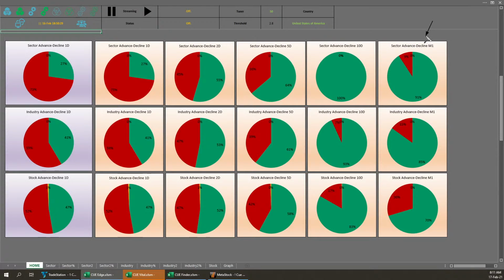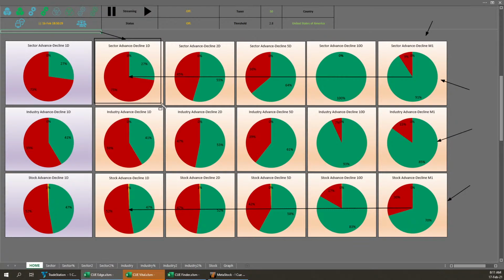The very useful 1 month to 1 day sector advance decline, industry advance decline, and stock advance decline. As we go from longer period to yesterday, we see that it is gradually becoming less bullish.